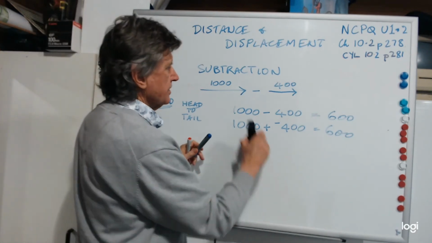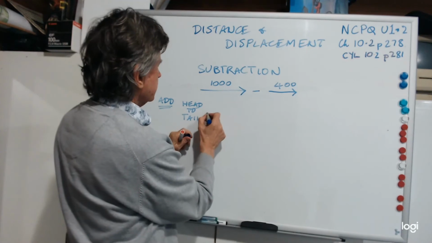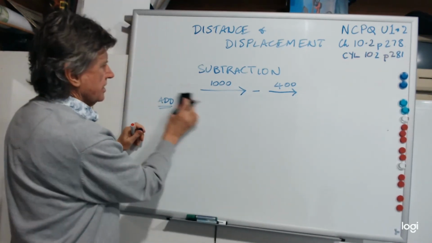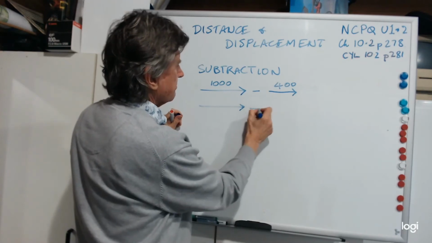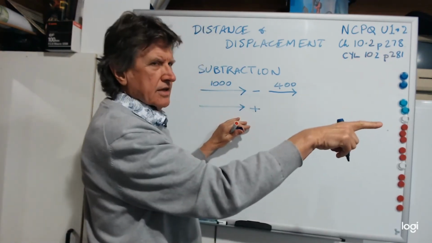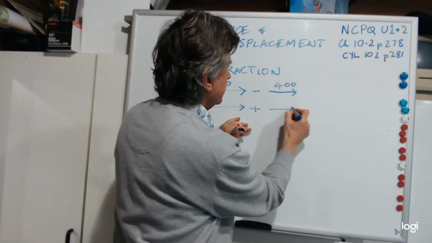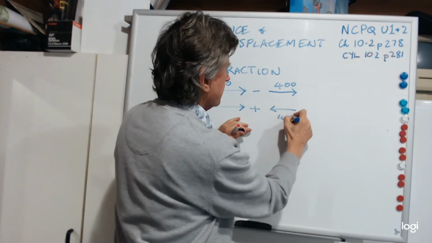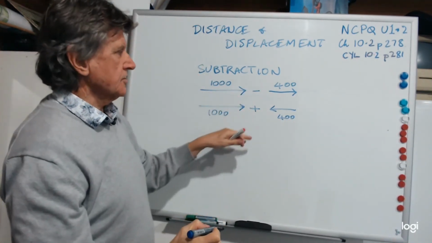Okay, so in this case what you do is, I'll get rid of this as well, we don't need that now, this is subtraction, so it's that plus the negative of that. Well, if that's 400 that way, that's the positive value, the negative is just 400 this way. Okay, so it's still the same magnitude, it's just opposite directions.